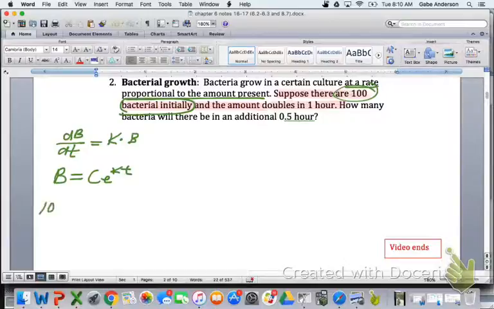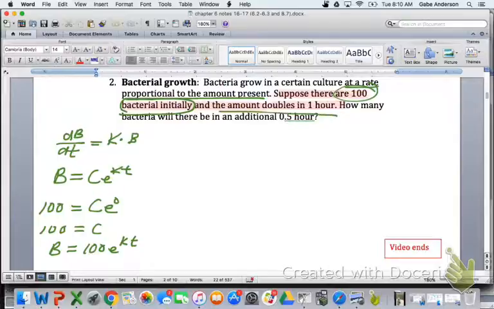That would be 100 equals Ce^(k·0), and k times 0 is just 0. e^0 is 1, so 100 equals C. Those of you that remember a lot about the exponential growth and decay scenarios you had in other classes might have picked up on that already, that C was going to be 100, but that's how we can prove it.